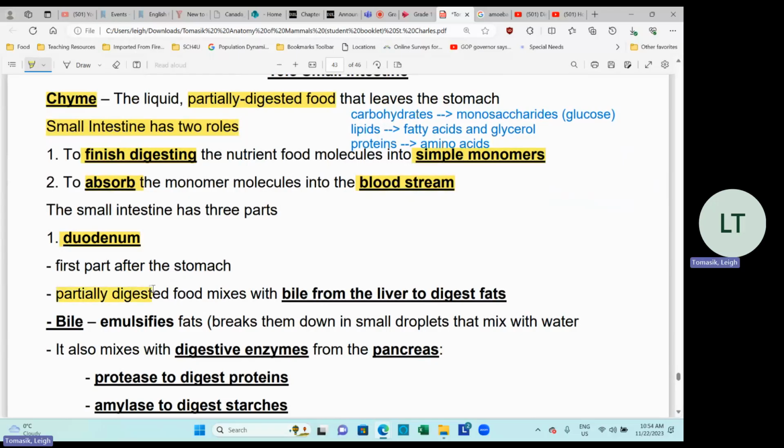And this is where partially digested food mixes with bile from the liver to digest fats. So we've started carbohydrates, we've started proteins, right? Carbohydrates start in the mouth, proteins start in the stomach, and fats start in the duodenum, in the small intestine. Fats and water, as we know, don't mix, because fats are hydrophobic and water is hydrophilic.